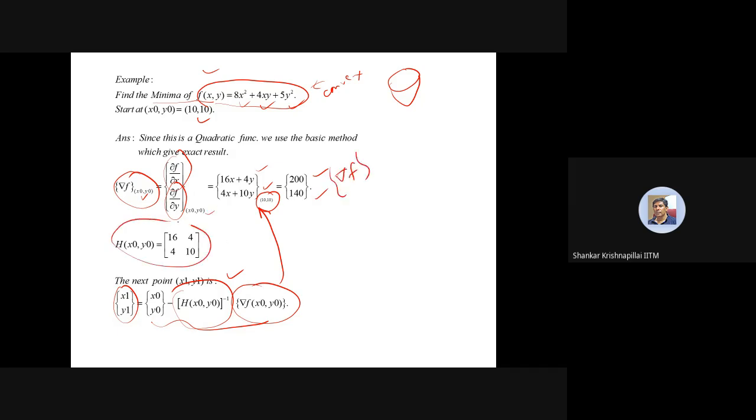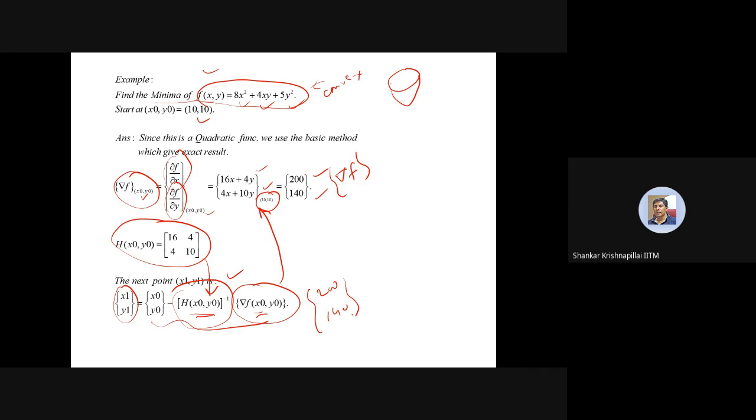Then find the second derivative matrix like this. Here you have to put the inverse of the second derivative matrix, and here you have to put 200 and 140.